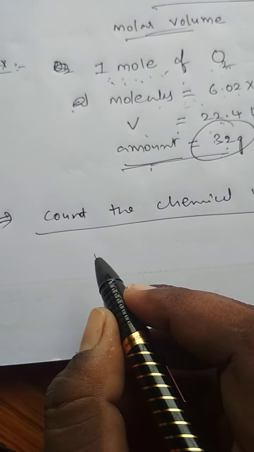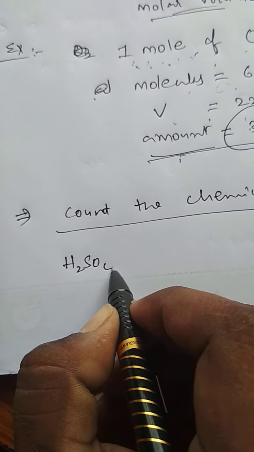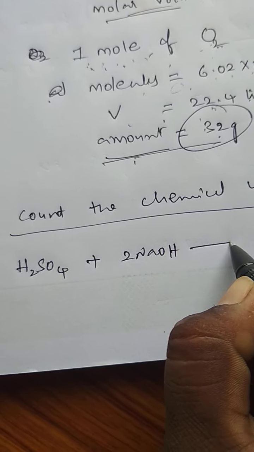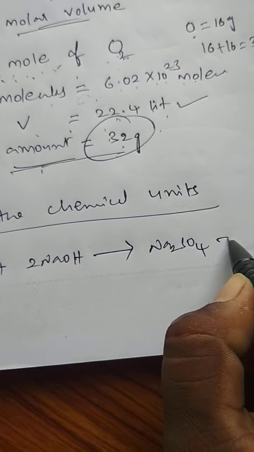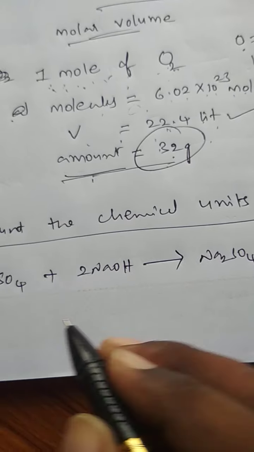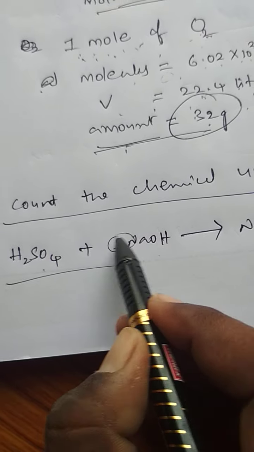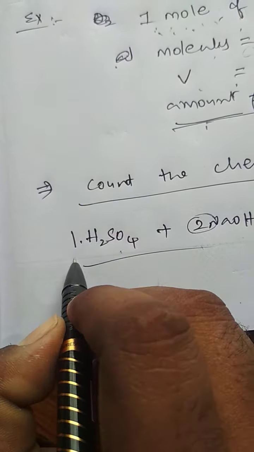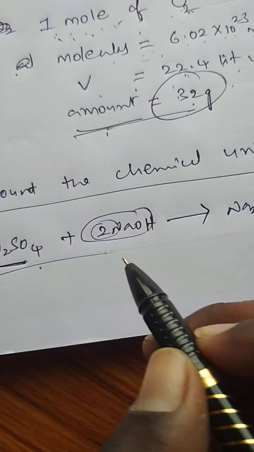Okay, so for example, let us take one equation. H2SO4 plus 2 moles of NaOH gives rise to Na2SO4 plus 2H2O. How can you read this reaction? H2SO4 plus 2 NaOH. This 2 is the number of moles. Here, 1 mole of sulfuric acid reacts with 2 moles of sodium hydroxide.